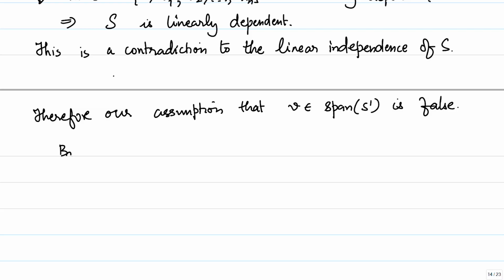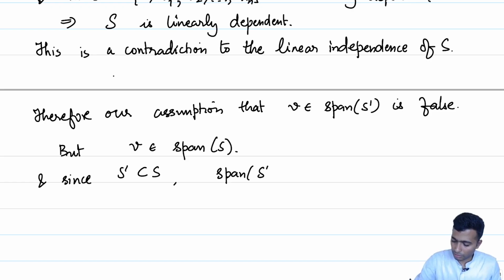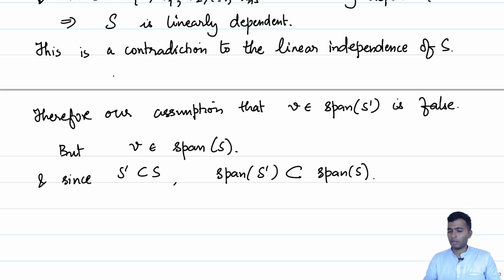But then V, which is equal to 1 times V, is an element in the span of S. And since S prime is a subset of capital S, span of S prime should be contained in span of S. So, we have realized span of S prime as a subset of span of S, and we have also found one element in span of S which is not in span of S prime.